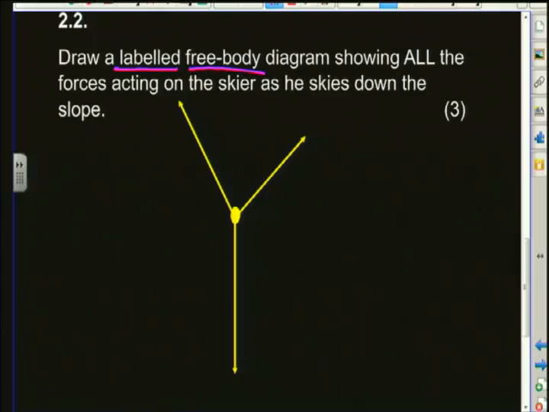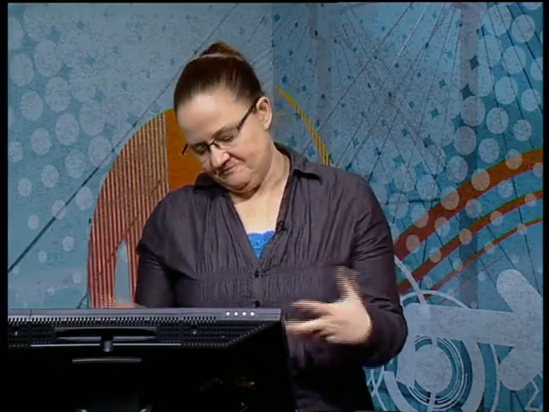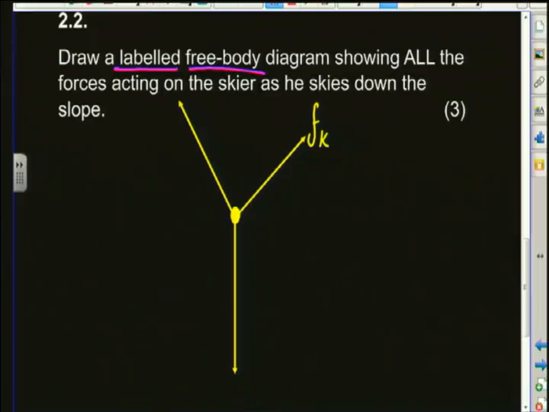Still not done. Question said draw a labeled free body diagram. Now, the labels, you may write it in, say, let's just go with the friction. You can write FK and then do a key to the side. You're welcome to do that. I think what's a better idea, though, is to actually go and write it in. This is friction.